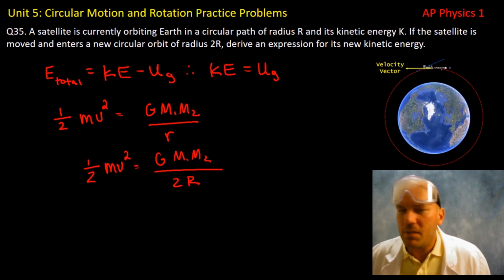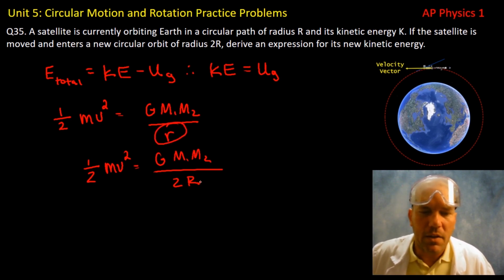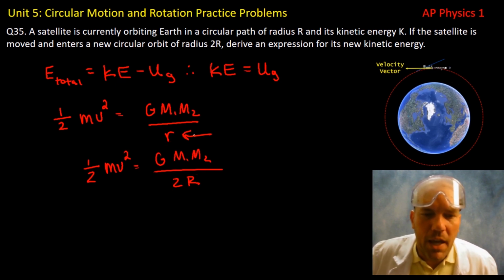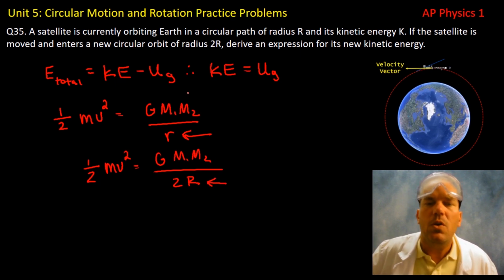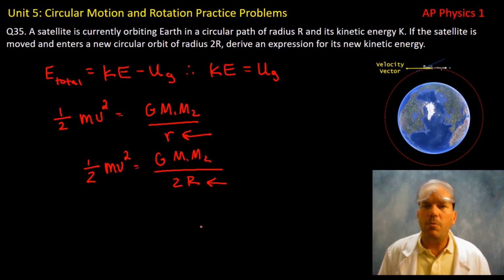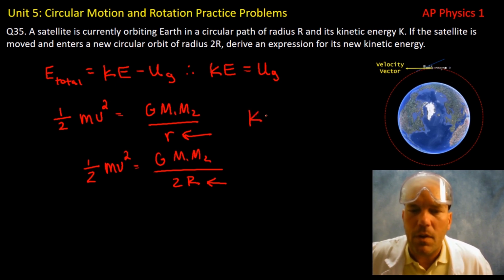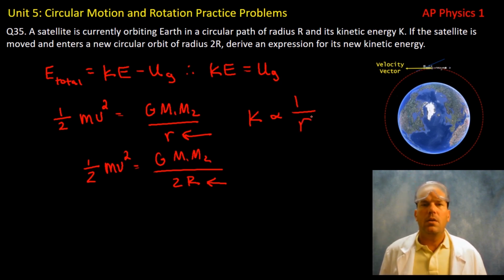More importantly, guys, all we're looking at here is this comparison. That's it. That's all we care about. We want to look at what we had here, and now what do we have at our new circular orbit? Well, we have a radius that is 2 times greater. What do we know? We know kinetic energy is proportional to 1 over r.